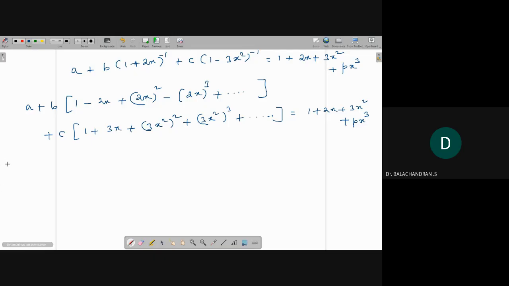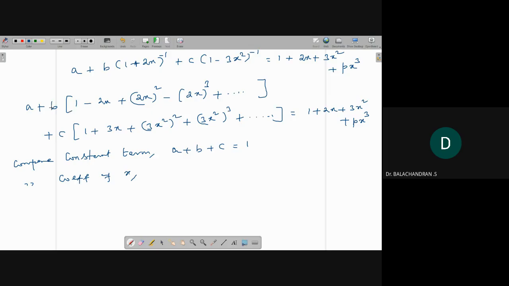So now if you compare the constant term, we'll get what? A plus b plus c equal to 1. Okay. If you compare coefficient of x, coefficient of x is what?